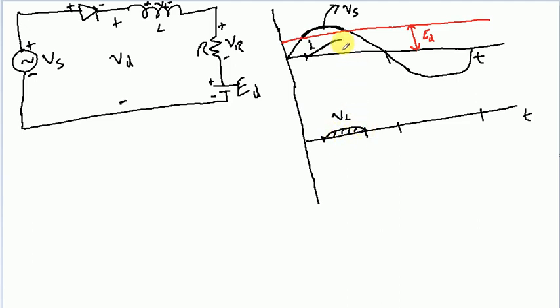We also discussed this previously in the case of DC-DC converters: as long as it has a positive slope, the voltage across the inductor will be positive. At this peak, the rate of change becomes 0.